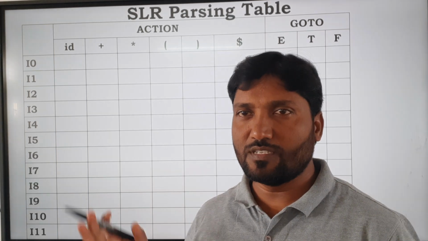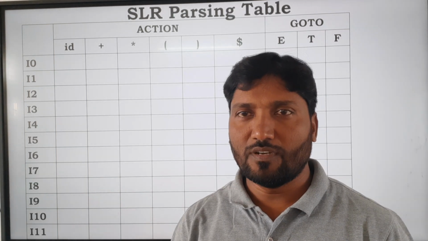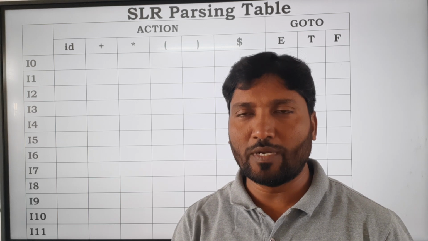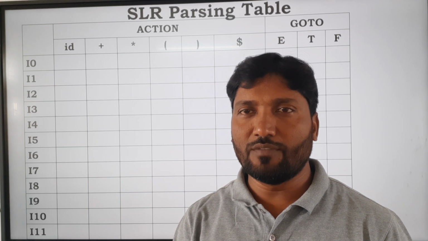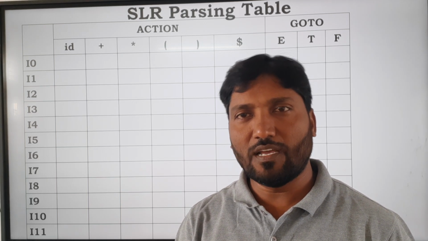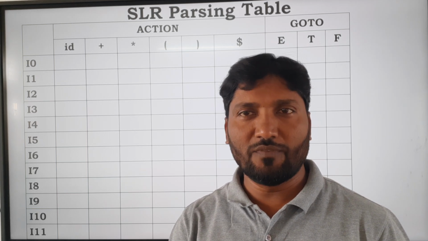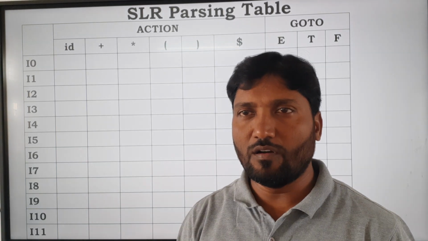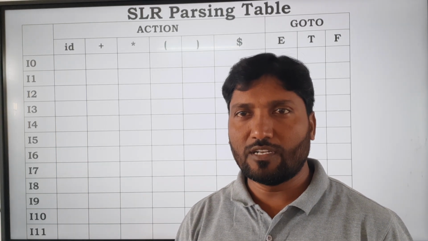So, this is the simple pattern of the SLR parsing table, which contains an action table as well as a goto table. The action table can be filled with shift and reduce functions for the terminal symbols, and the goto table can be filled only for non-terminal symbols. The left-hand side contains all the canonical sets of items generated in the first step.